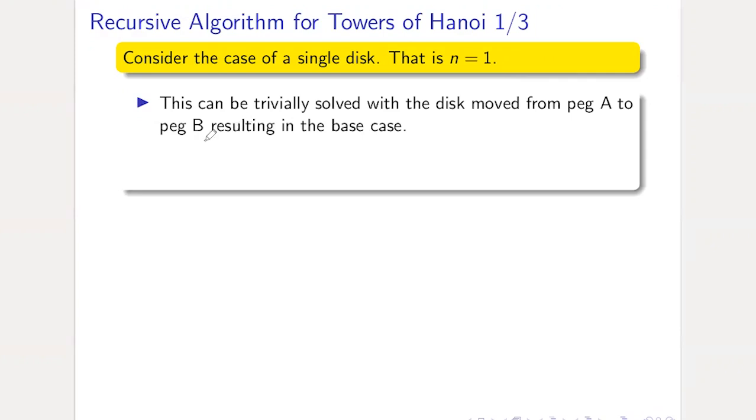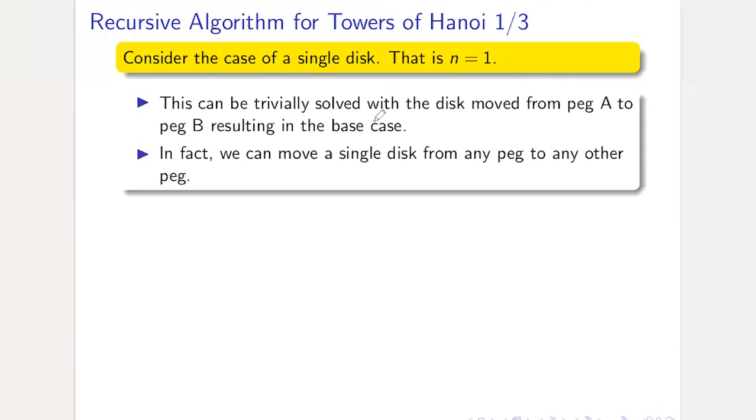There's a single disk on peg A. We move it to peg B. So that's the solution, the base case. When you think about it, if we have a single disk, we can move that disk to any peg. If it is on A, we can move it to B or C. There is no difficulty we will face.